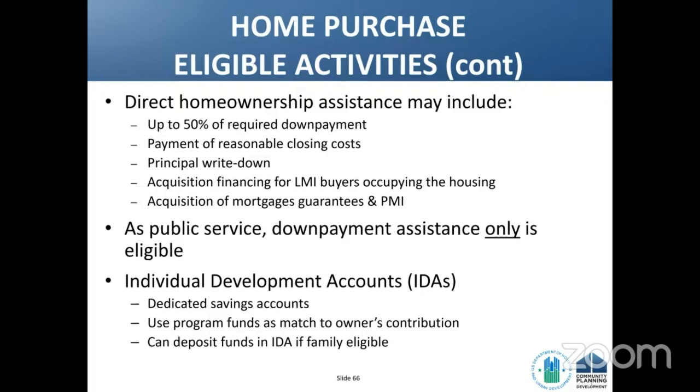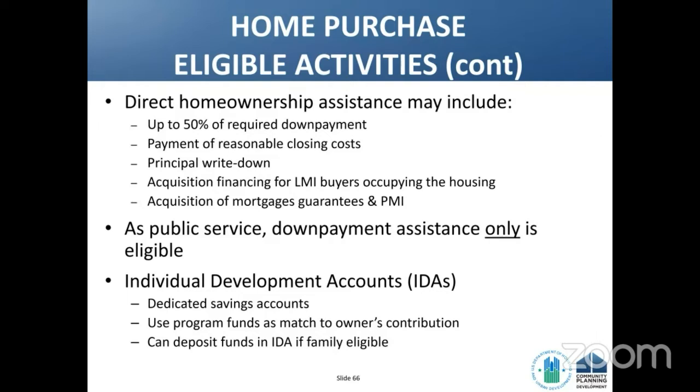Okay. Now, you won't find these top things listed here regarding direct homeownership assistance in the regulations. They're actually in the statute at 105(a)(25) of the Housing and Community Development Act. And as you see, there's a limit on how much down payment can be assisted. I want to touch on this briefly.